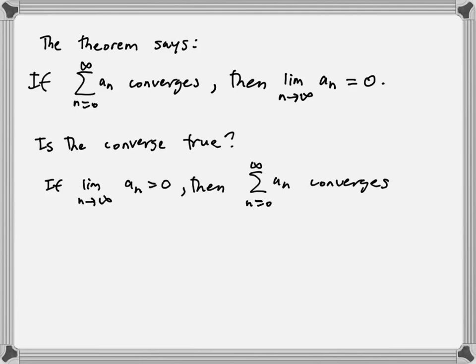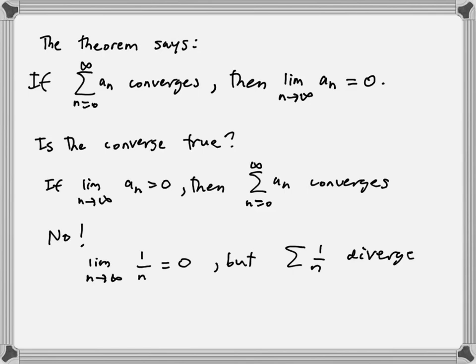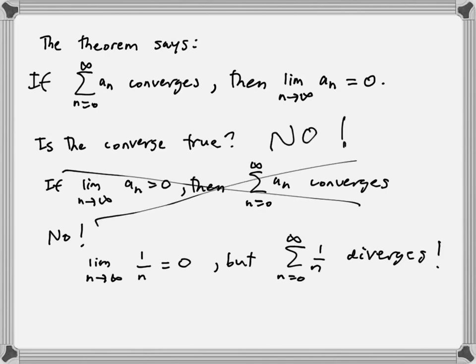The answer is no. For example, isn't it true that the limit as n goes to infinity of 1 over n, that's 0, but this series diverges? We just showed that in the last example. In other words, the converse is not true. This is not the case, okay?